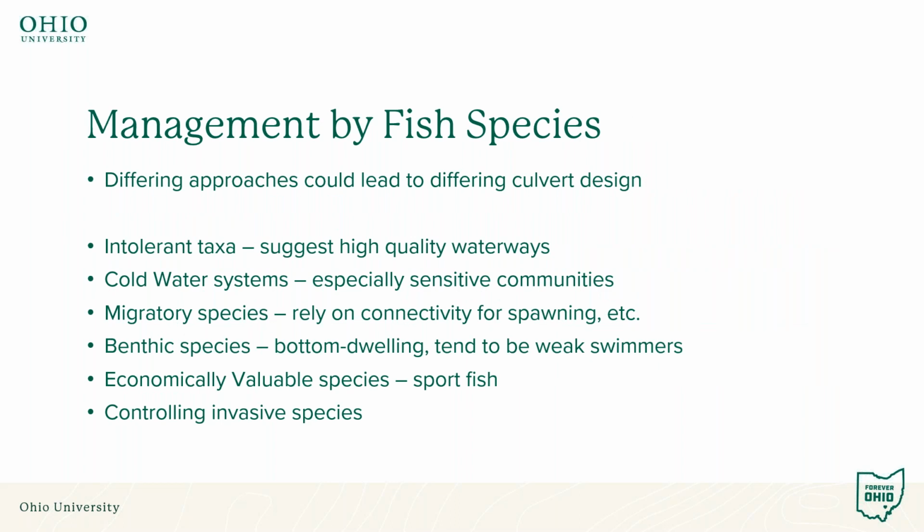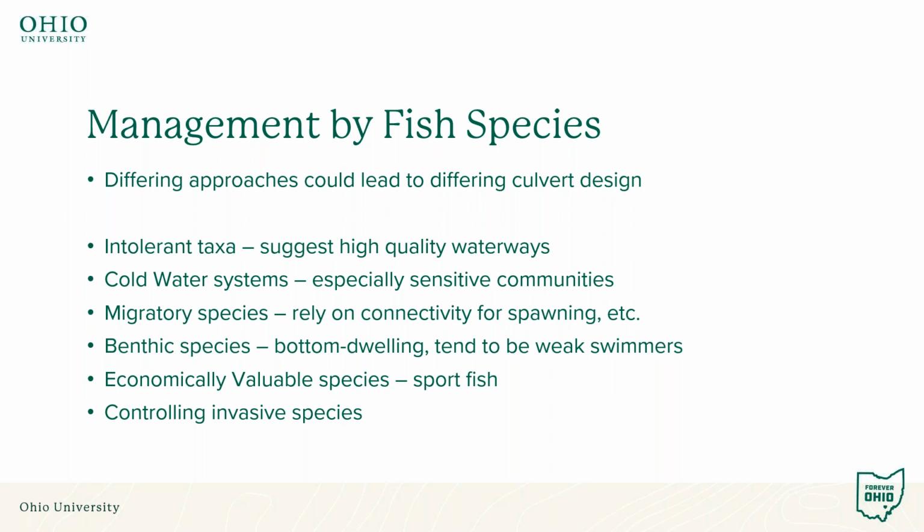The other important thing to consider is that different approaches for fish passage may depend on what fish species you're managing for. And so some fish species need lower velocity water, some fish species need deeper water or need specific substrate, for example.